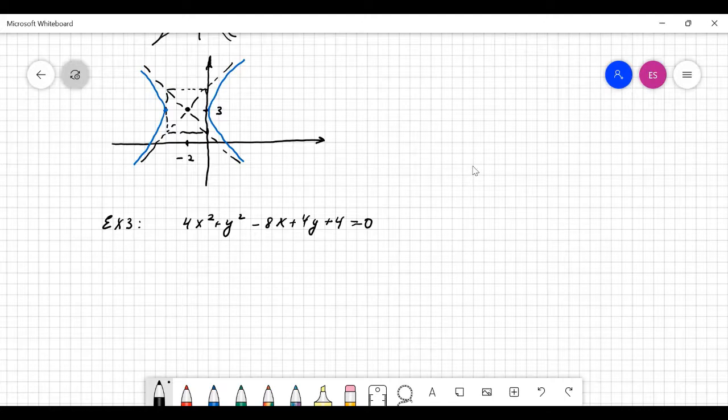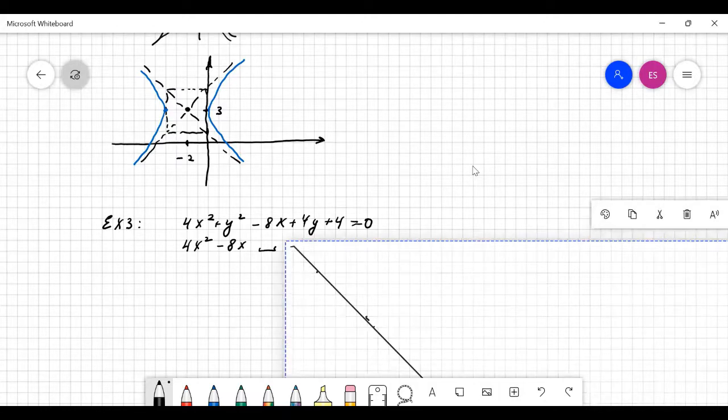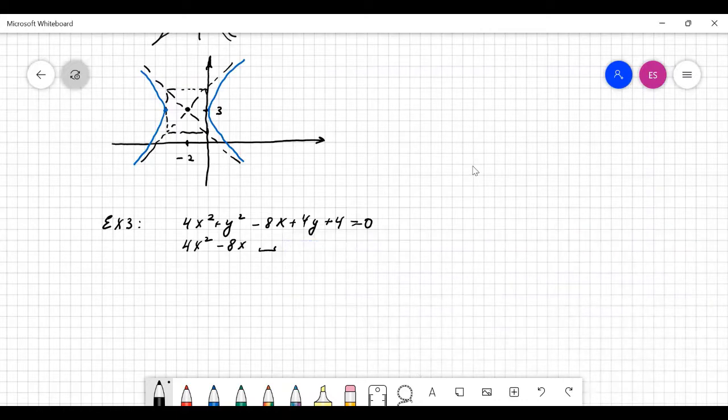What I'm going to do, guys, I'm going to move all x terms together. 4x squared minus 8x. I'm going to leave little space over here. And then I'm going to put y terms plus y squared plus 4y.